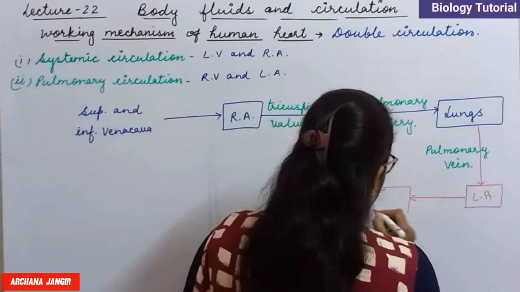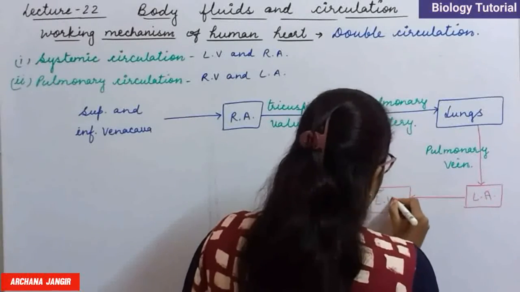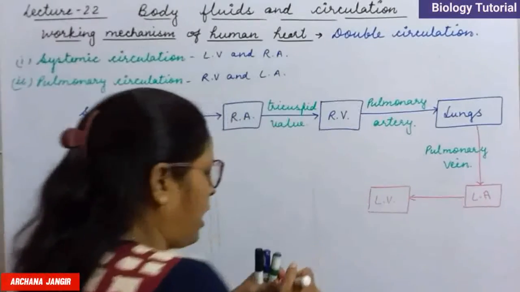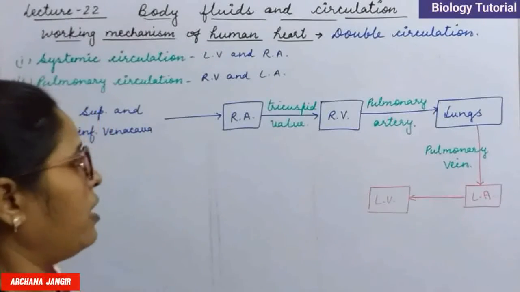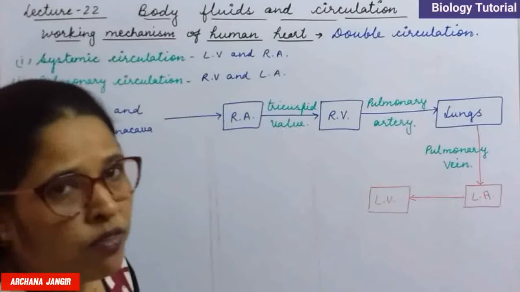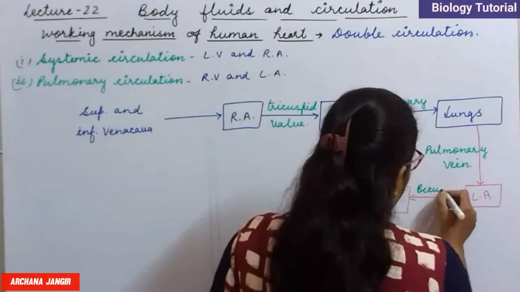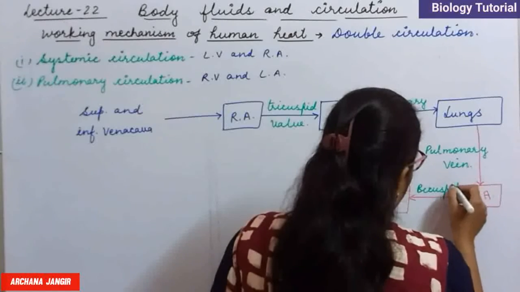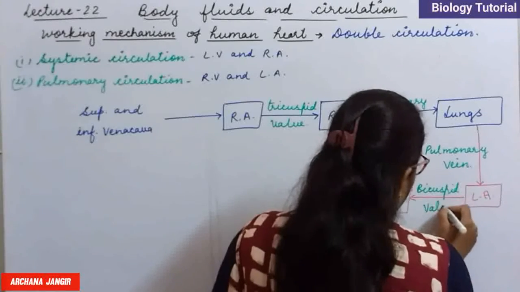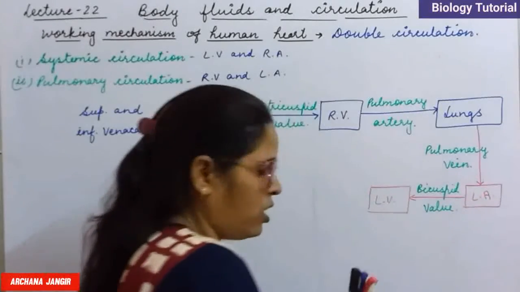So here is the left ventricle, and in between the left auricle and left ventricle, again a valve is there that is called the bicuspid valve, or we can say the mitral valve.